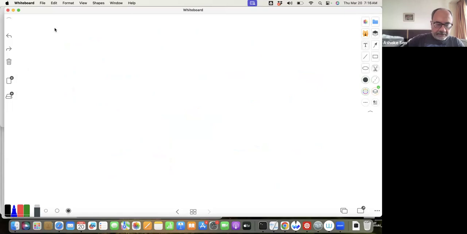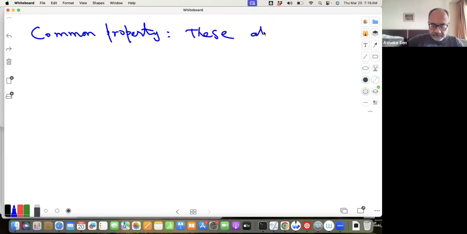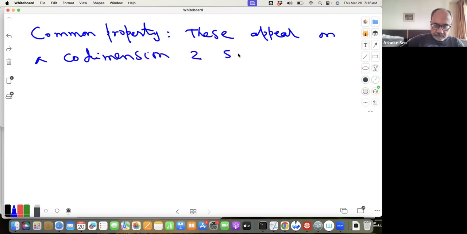The common property is that these appear on a codimension 2 subspace of MGMN, of the section.